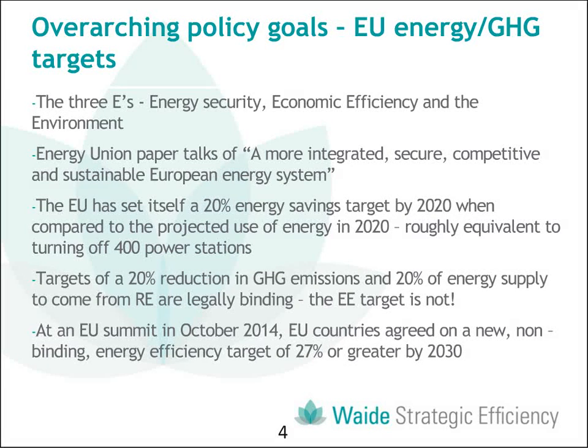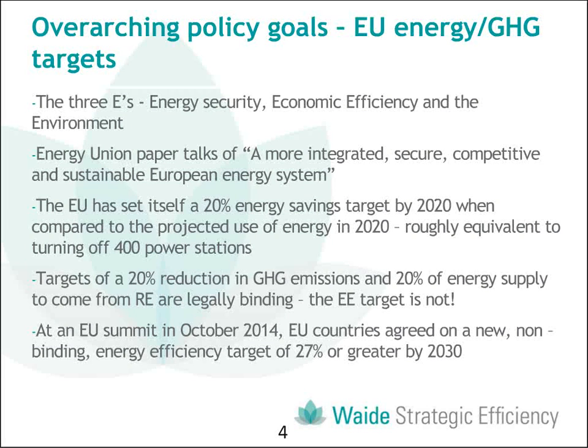Of these 3 targets, the greenhouse gas emissions and the energy supply from renewables are legally binding, whereas the energy efficiency target isn't. There's been much discussion about this. It's been suggested that the reason why it isn't binding is because it's by far and away the most attractive means of meeting the greenhouse gas reduction target. It's certainly the most cost-effective, and therefore member states should be wanting to do it in any case.